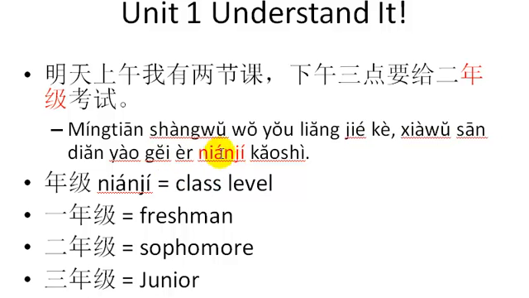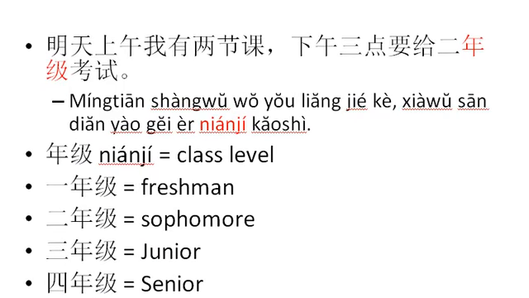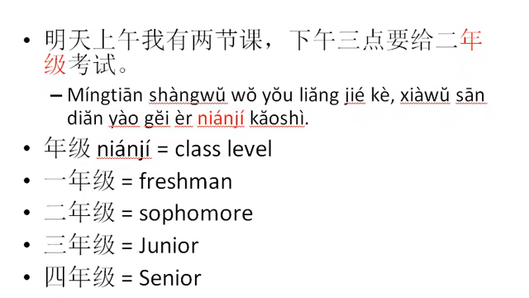2年级. So 年级 is class level. 年级 is class level in a university. Okay, so 1年级 is freshman. 2年级 sophomore. 3年级 is junior. And 4年级 is senior.